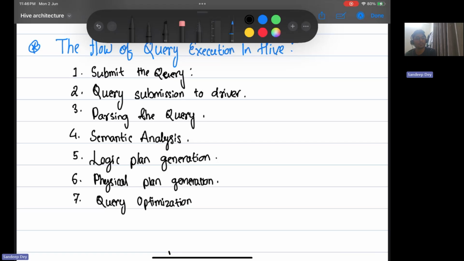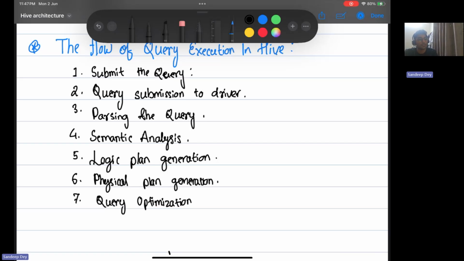The physical plan undergoes optimization. The goal is to improve the efficiency of query execution. This can involve techniques like predicate pushdown, join reordering, and column pruning. Predicate pushdown: moving filters closer to the data source to reduce the amount of data processed.